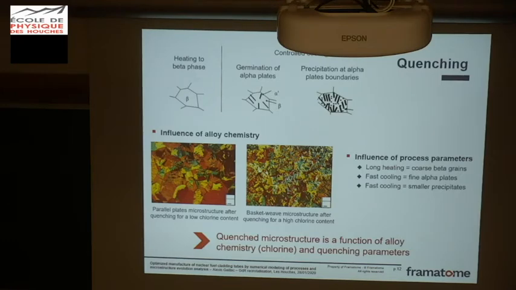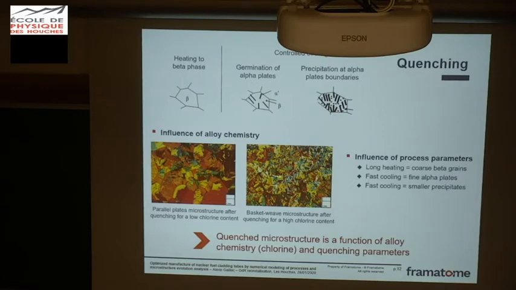What is important here is that the microstructure after this step will be highly dependent on, for example, the chlorine content. These are two examples, here with what we call parallel plates. You can see some different colors, which are alpha plates that have the same crystallographic orientations. And in other cases, here you have, I would say, a basket weave microstructure for a high chlorine content.